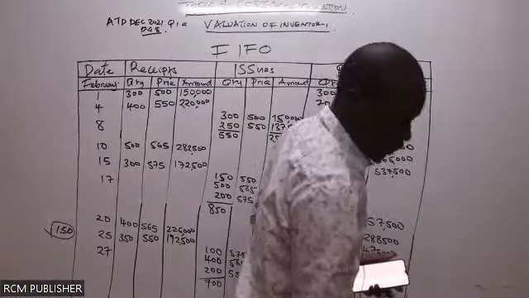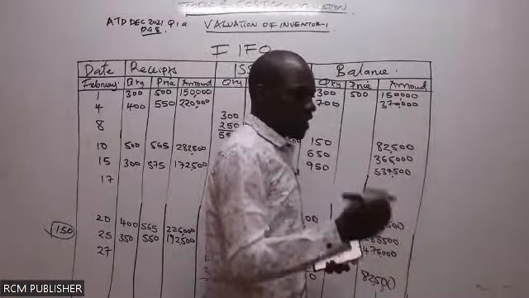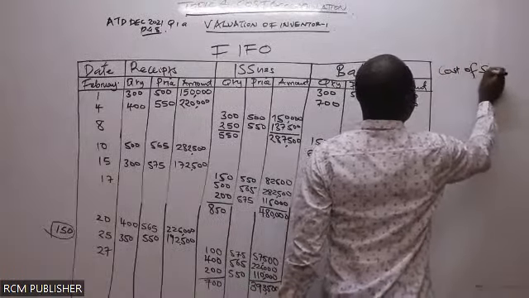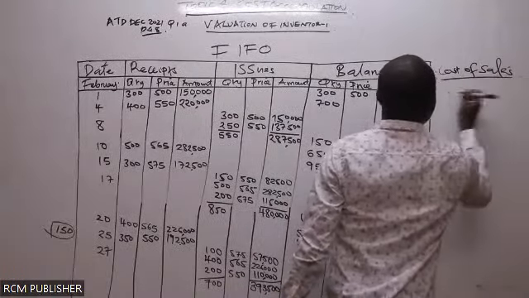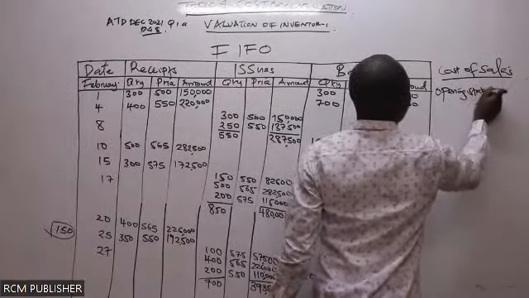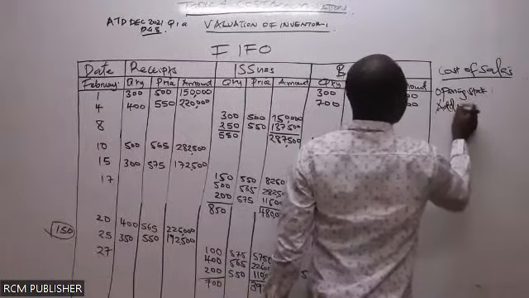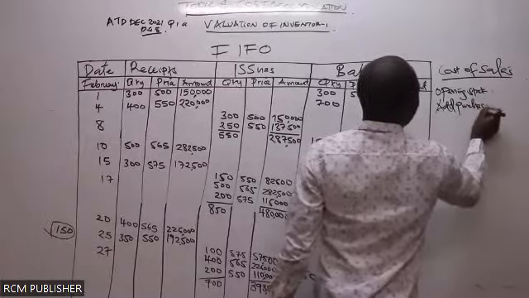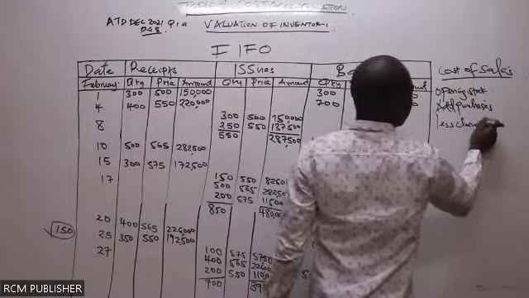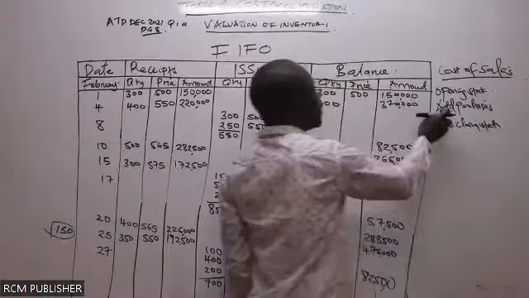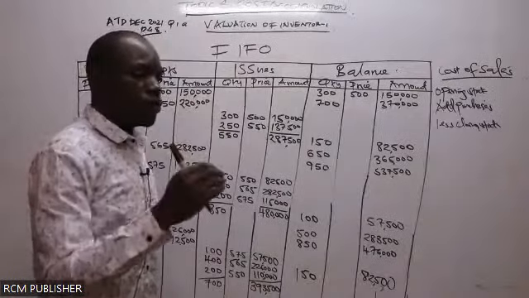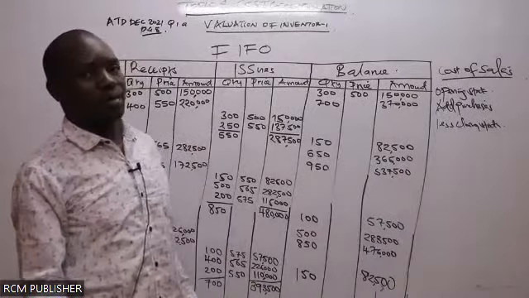Let's get total cost. For us to get the cost of sales, we normally say that cost of sales. How do we get cost of sales? It is opening stock. Opening stock. We add purchases. Then we less closing stock. Of course, in between here, before we get to closing stock, we are going to get the value of goods available for sale.